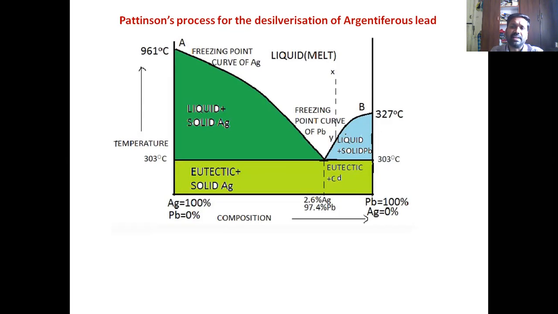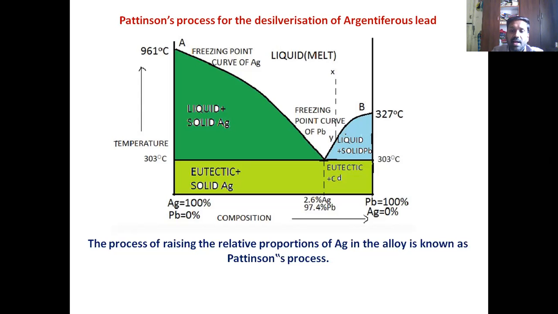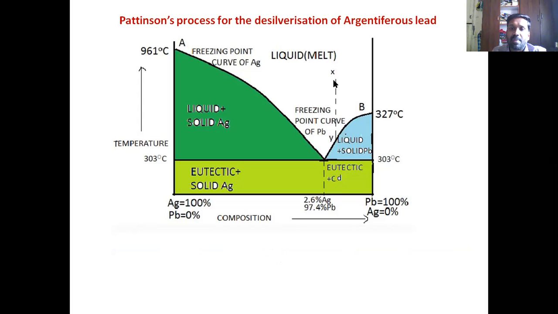Let us think it has 2% silver. What happens when you melt it? It forms a homogeneous mass. The percentage of silver in that is 2%.